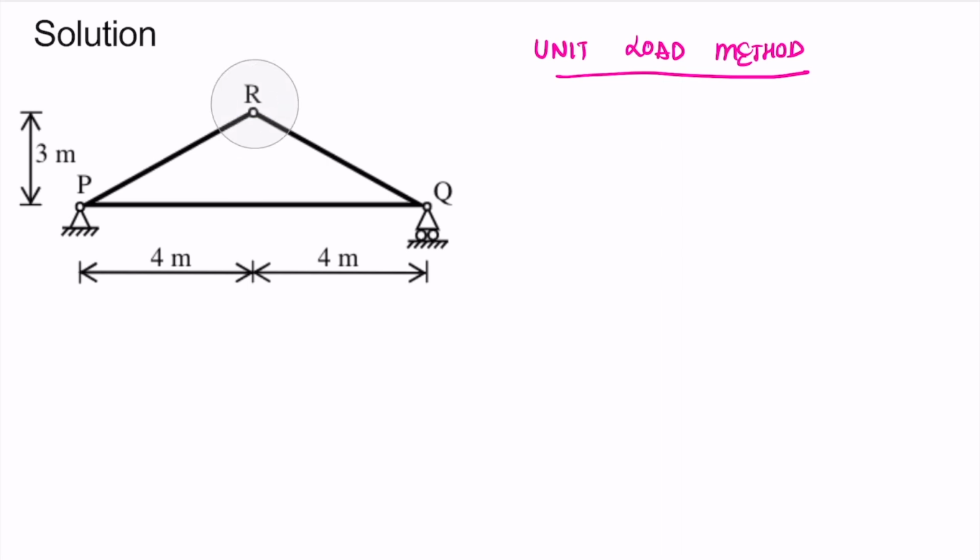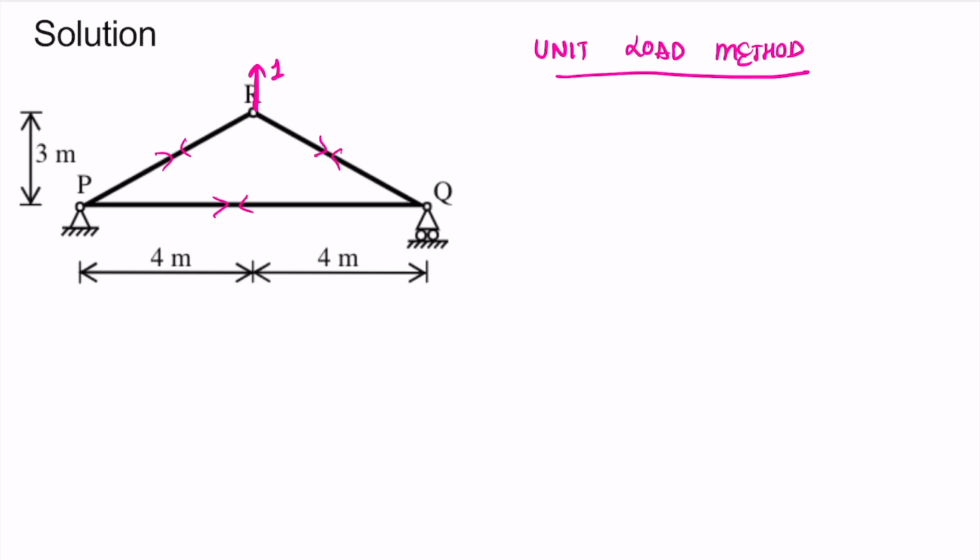So we will apply the unit load at joint R in vertical direction. The second step is to find the internal forces in all the members due to this applied unit load.